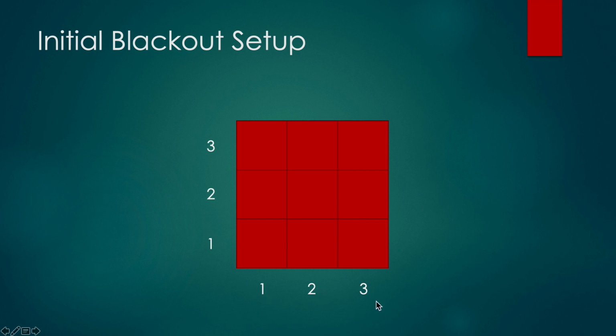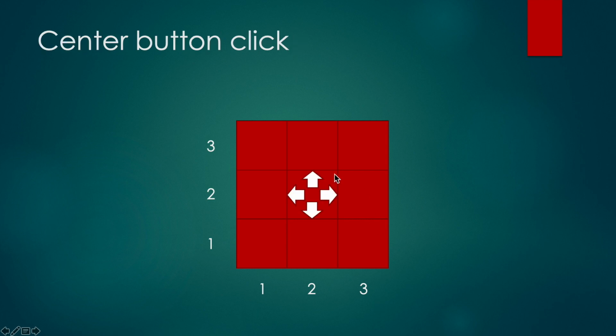Now, what we want is to make it so that all we have to do is click on a button, as if I were clicking on the center button. If I click on the center button, you know that the button above, below, to the left, to the right, and the button that we actually clicked, those are the buttons that get swapped. So for example, if I click this center button, these would turn to white, and the center one would turn from red to white.